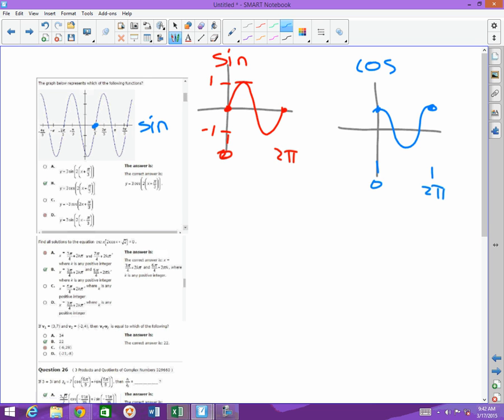And then you just have to figure out how far it's been shifted that way. The amplitude, which is 3, doesn't change whether you use sine or cosine. The shift up or down, which in this case there isn't any, doesn't change if you use sine or cosine. The period doesn't change if you use sine or cosine. The only thing that changes if you use sine or cosine is how far shifted right or left it is.